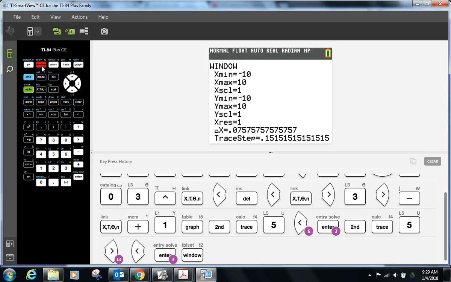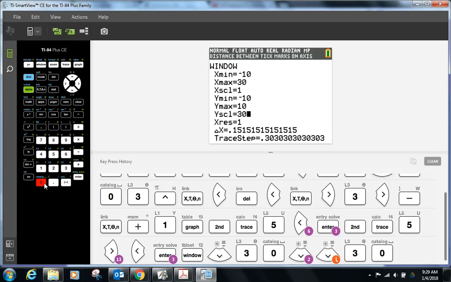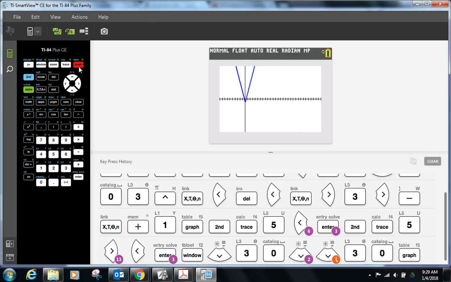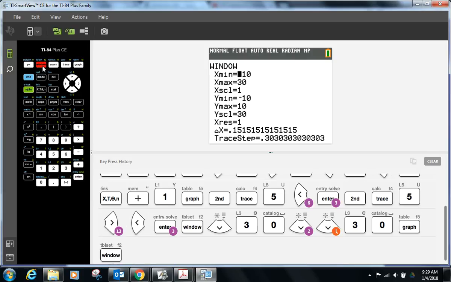So I now need to change my window so I can see that point of intersection. So let me go, I don't know, 30 on the X max and Y max. I'll put 30 as well. Maybe I can see it there. Let's see. Here we go. Window. Change that Y max a little more, I guess.